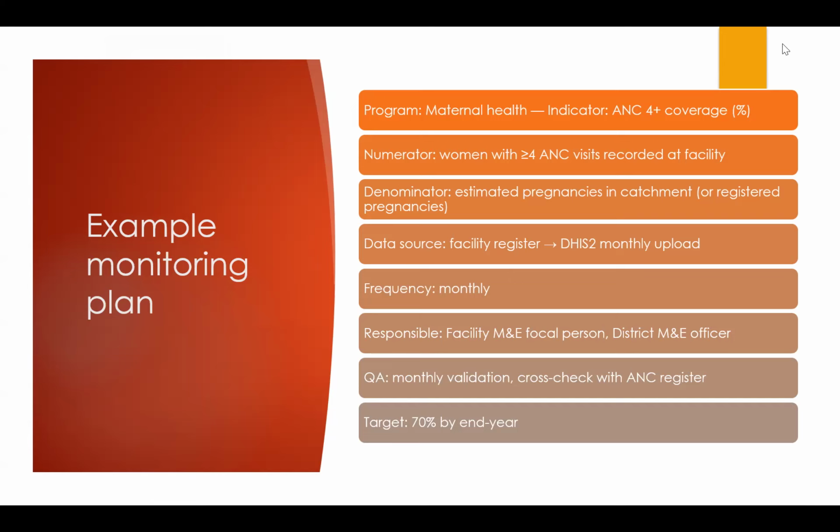Data source should be facility register, for example, DHIS2 monthly upload. Frequency should be monthly. Responsibility should be facility monitoring and evaluation focal person and/or district monitoring and evaluation officer. Then a monthly validation should be done, cross-checking with antenatal care register, and target should be 70% by end of year.